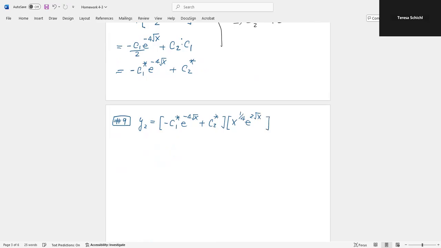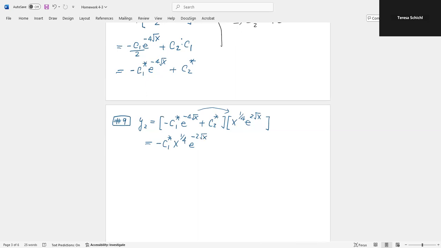All right, so now let's do one more time. FOIL, so it's negative C1 star, x to the 1/4. So e to the negative 4 times e to the positive 2, how many do we have? e to the negative 2 square root of x.